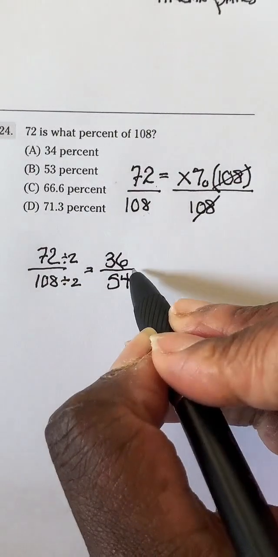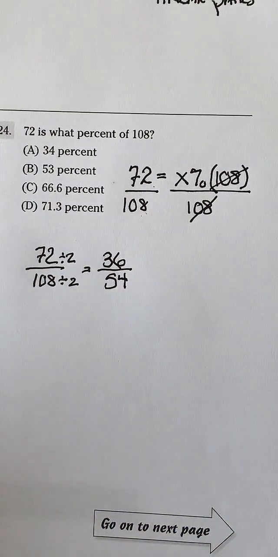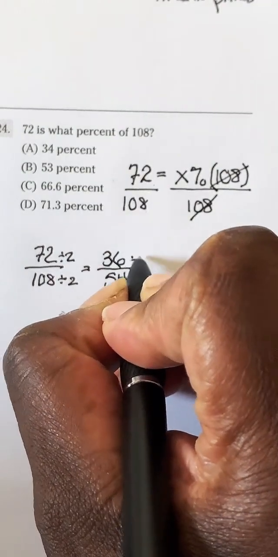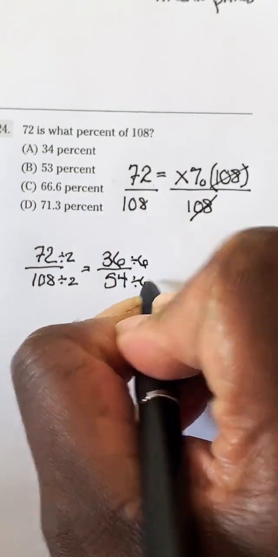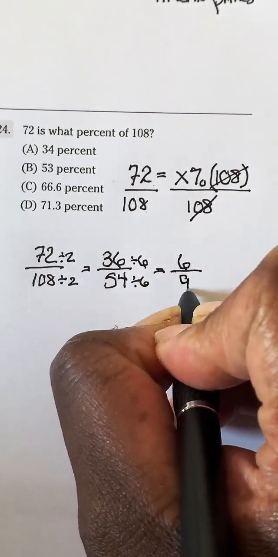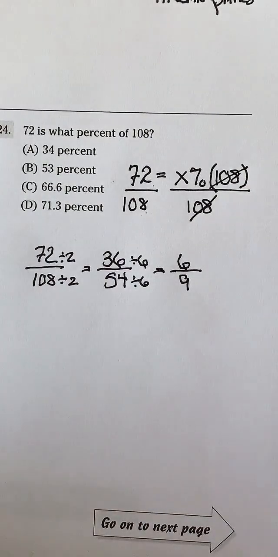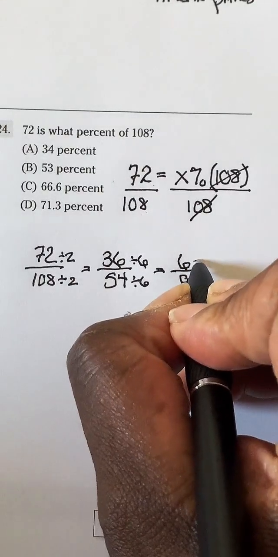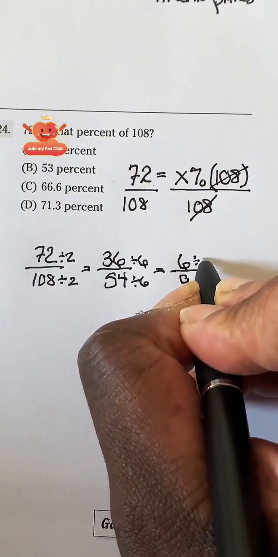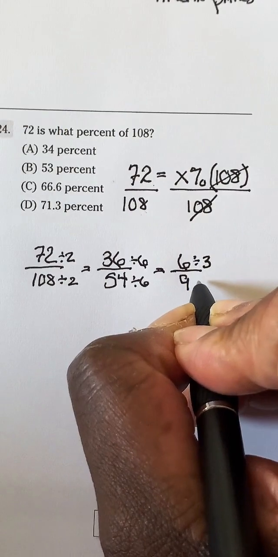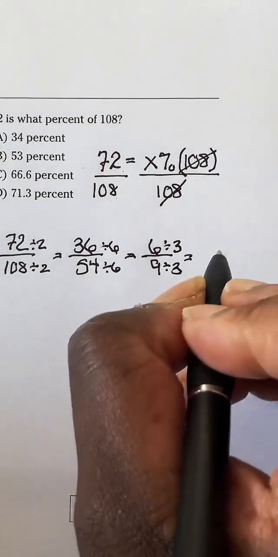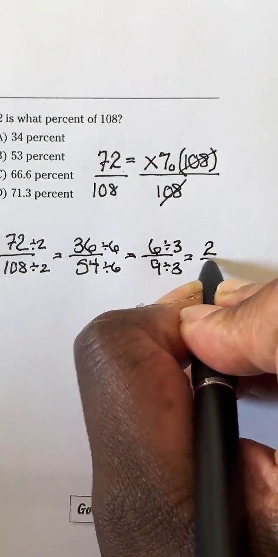I can reduce it again by 6, because 54 is divisible by 6. Now I've got 6 over 9, which can be divided by 3. Sorry, I should have divided by 36 earlier, but this is what happens. Reduce it a little more, and now we've got 2/3.